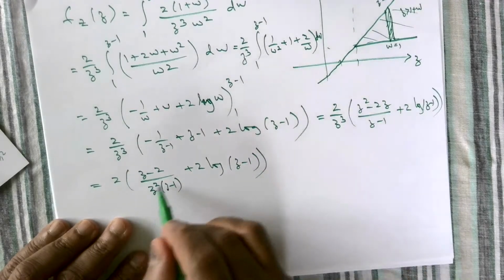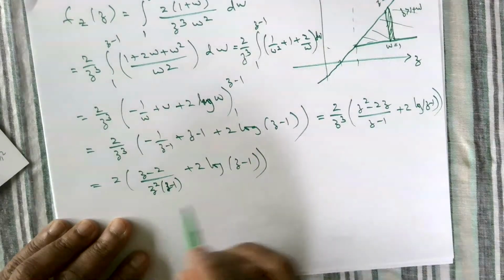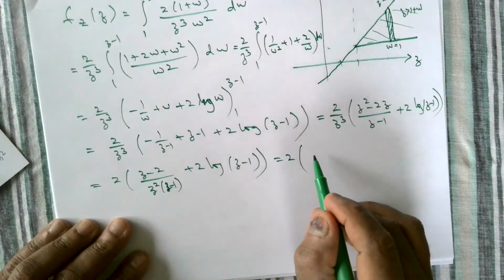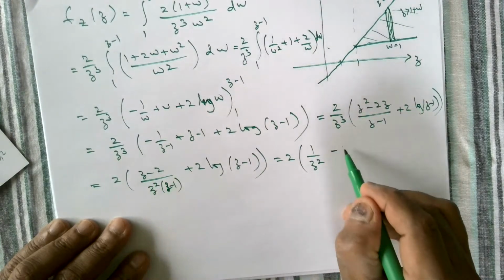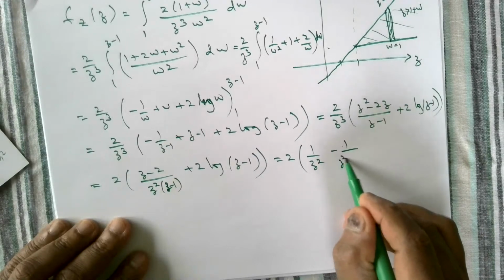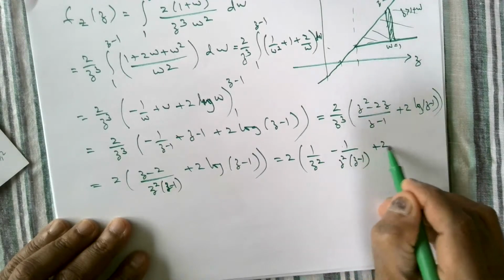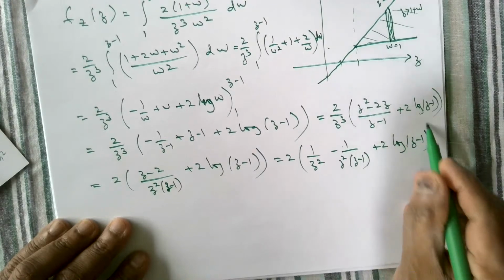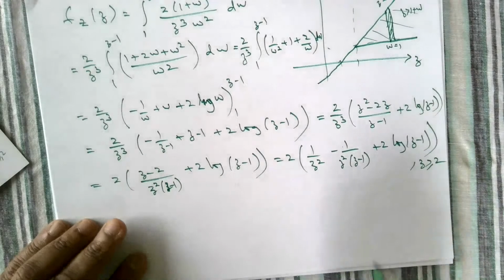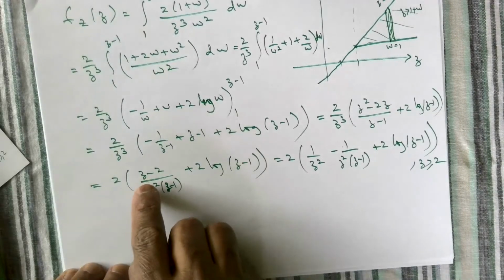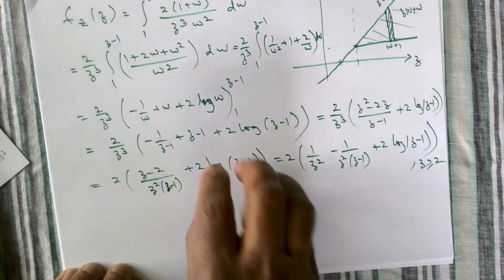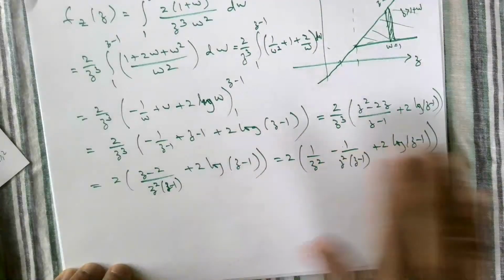So I guess you can leave it like this, or you can cancel a z here if you wish, and write this as 1 over z squared. Write this as (z minus 1) minus 1 over (z minus 1). So this is for z greater than or equal to 2. This is certainly algebraically correct. So just to double check, this is a non-negative density function, because you can see from here z is greater than 2, so this is positive, this is positive, so this is all good.